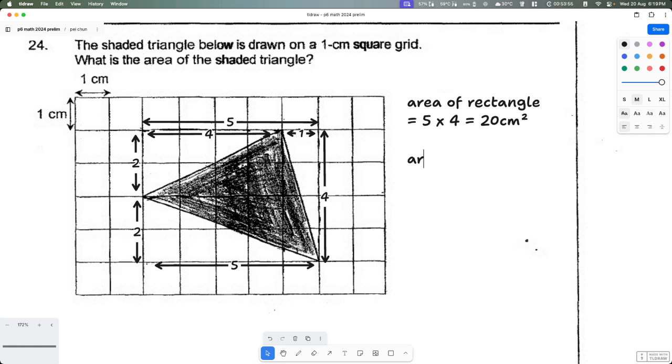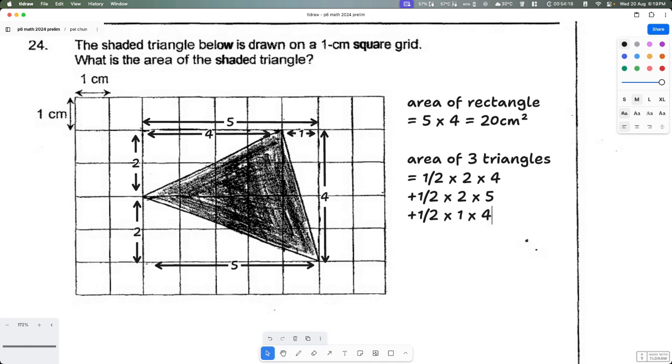Area of three triangles is equal to half times 2 times 4, plus half times 2 times 5, plus half times 1 times 4.